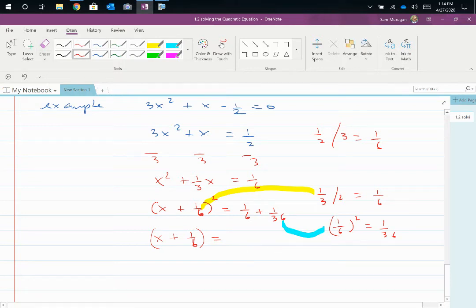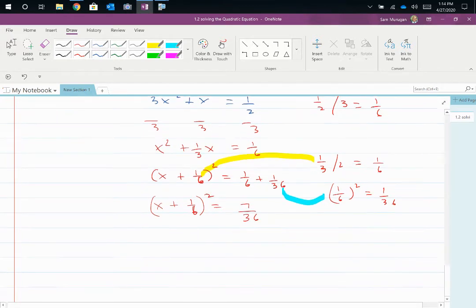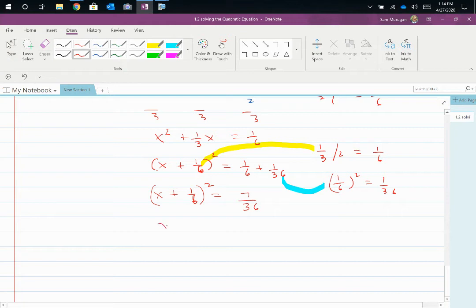So this is really 6 over 36 plus 1 over 36, which is 7 over 36. So x plus 1 over 6 is equal to plus or minus the square root of 7 over 36.